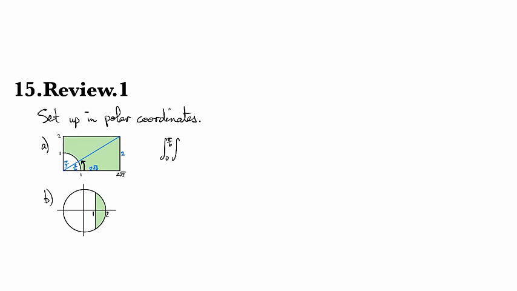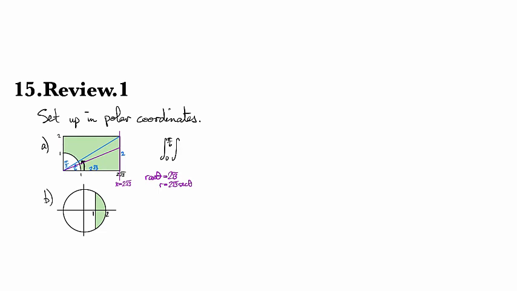And then in order to figure out what our radius is going to be, this radial line comes out here. This line that I'm ending on right here, so my upper bound of integration, is the one given by x equals 2 root 3. So in polar, that's r cosine theta equals 2 root 3, or r equals 2 root 3 secant theta.